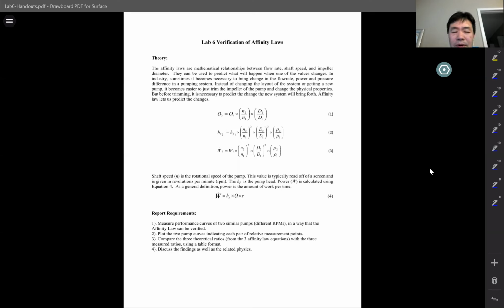So before you actually install the trimmed impeller, you want to predict the future performance of the trimmed pump. That's what we use the affinity law for: to predict the future performance in terms of Q flow rate, pump head, and power.